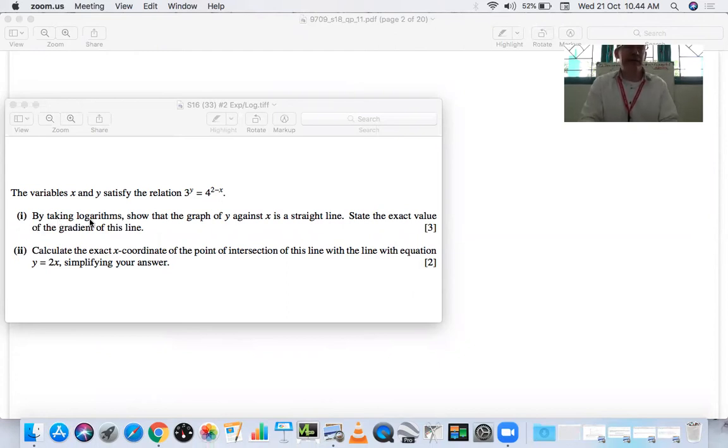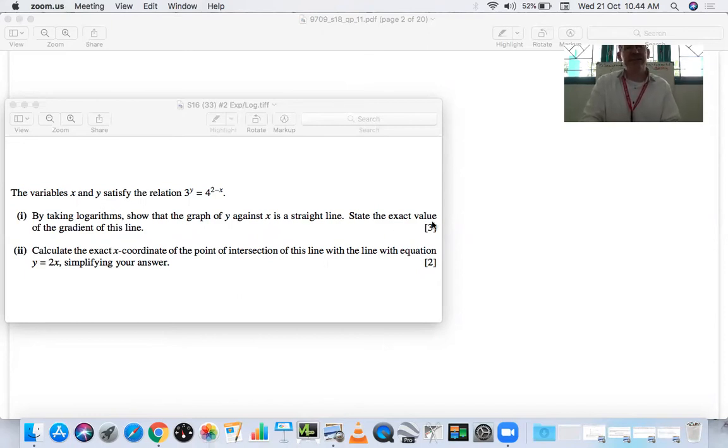Part I, by taking logarithms, show that the graph of y against x is a straight line. State the exact value of the gradient of this line. Part II, calculate the exact x-coordinate of the point of intersection of this line with the line with the equation y equals 2x, simplifying your answer.